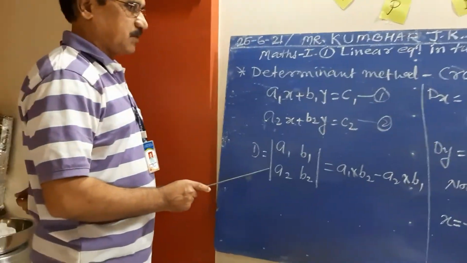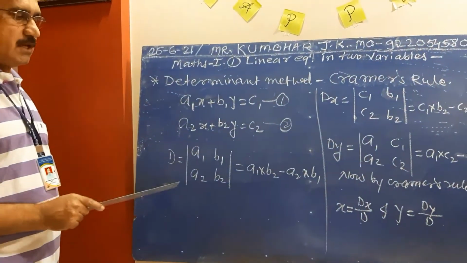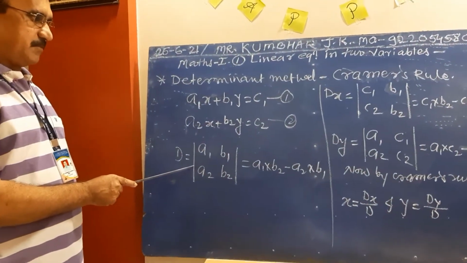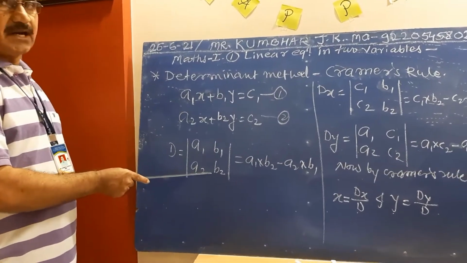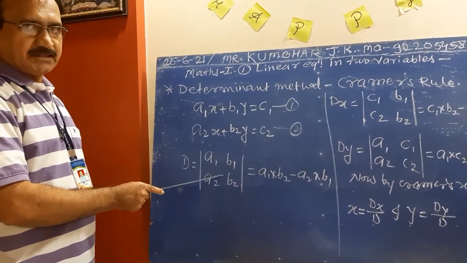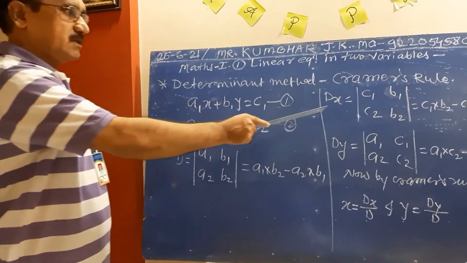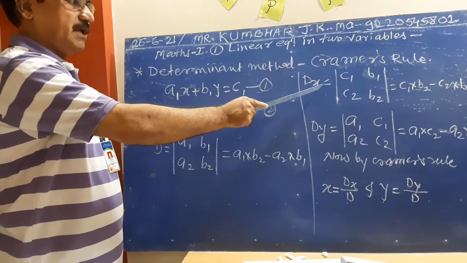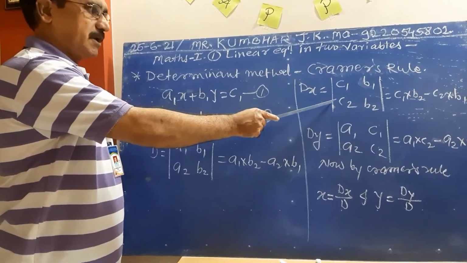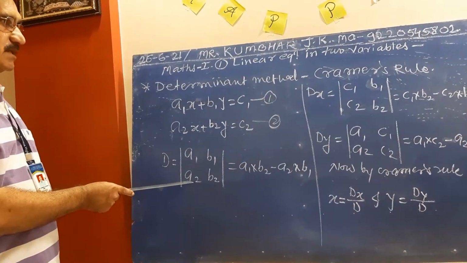Suppose this is the first game, this is the second game and this is the third game. If we play the first game, main players are there: a1, b1 and a2, b2. This is for our convenience. Then this is the second game, Dx. For the second game, these first two players are taking rest.